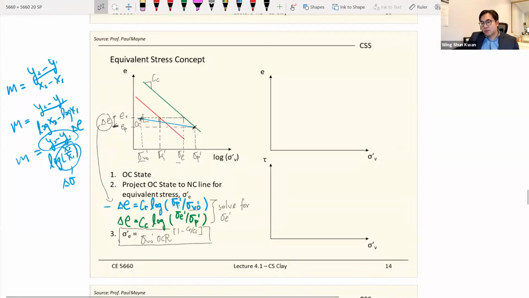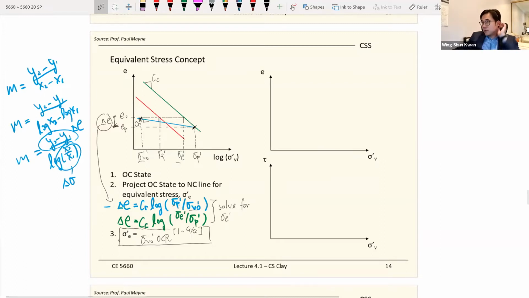So for the undrained loadings, or the drained loading at constant density, you restrict the stress path to go only horizontally, and you know where it starts, you always end at the critical state line, so you must go to the right-hand side. From the starting point to the ending point, that would be the stress path.